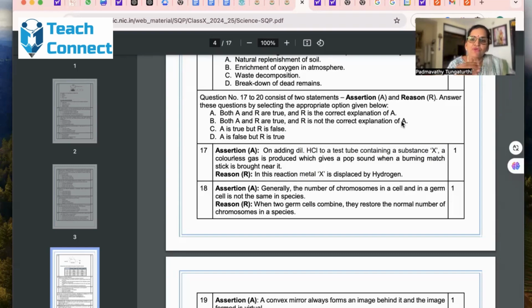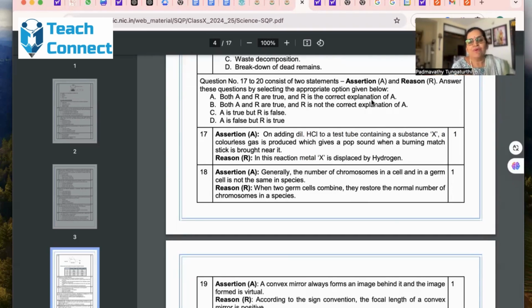If A is true but R is false, then C is the option. If A is false but R is true, then D is the answer. Therefore, the student has to understand the permutations and combinations of A being right and R being right, then try to match up with the content and give the answer.